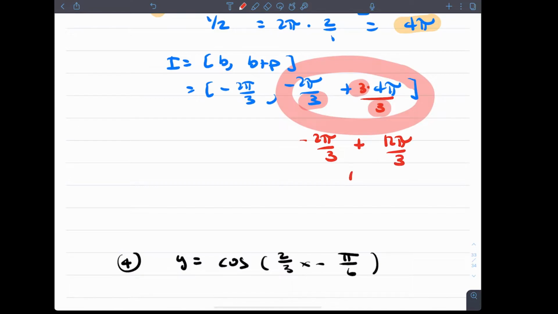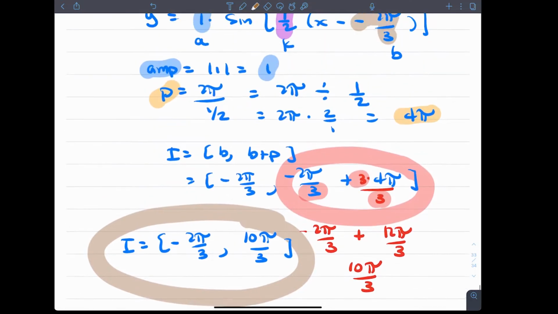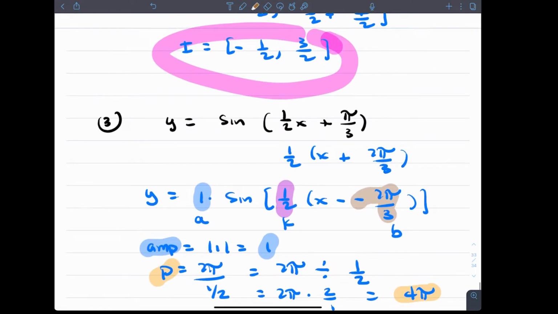So what's this going to give you? It's 10 pi over 3. So here's your interval of one cycle here. 2 pi over 3 up to 10 pi over 3. All right, you guys okay with that? What do you guys think? Pretty good? Now you could do all your graphing technique here.